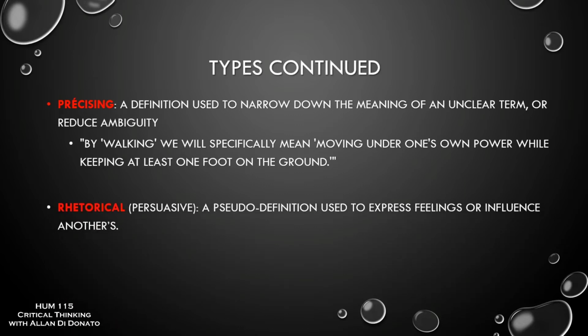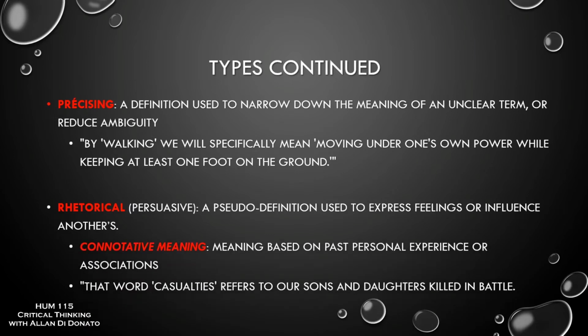Next is the rhetorical definition. This is where we're trying to persuade. And this is not necessarily a real definition at all. We can call it a pseudo-definition because we're trying to work on somebody's feelings, right, and influence another person's opinions, perhaps. So here's an example of a rhetorical definition. It's also called the connotative meaning, right? When we say a connotative versus a denotative, we would say the denotative meaning might be closer to the lexical definition. A connotative meaning, we mean it's a meaning based on a person's experience, right?